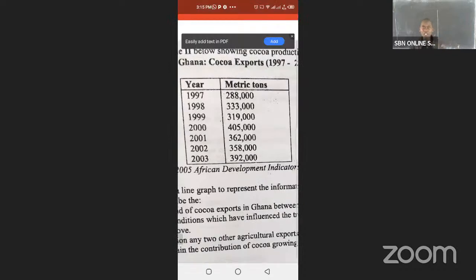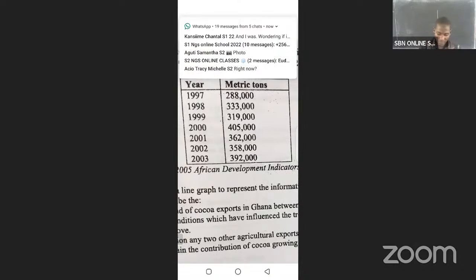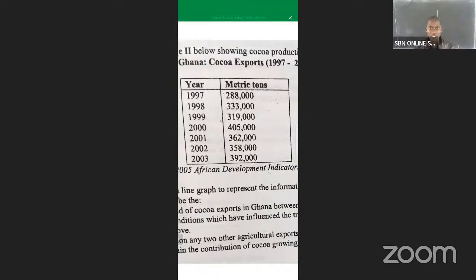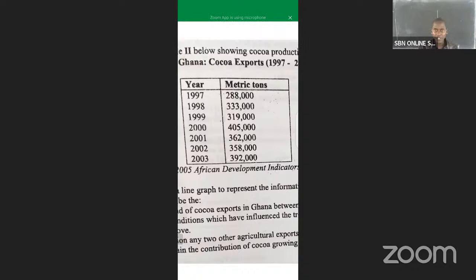Now we are looking at the vertical one. Those of you who have gadgets can take a screenshot, but this work is already on your WhatsApp group. When we are looking at the vertical scale, we look at the highest amount.